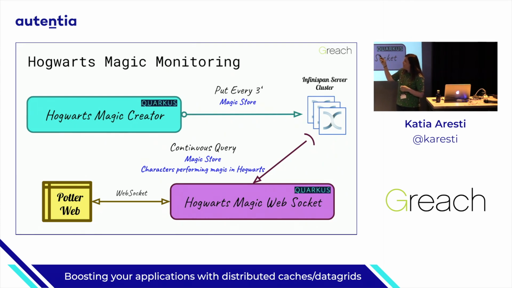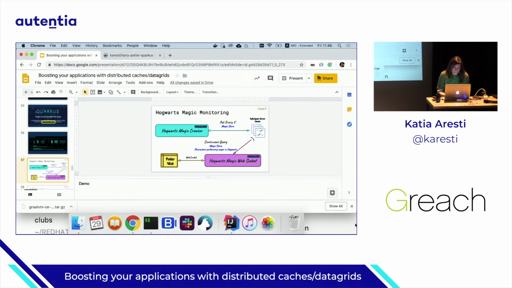I want to see who is doing magic continuously. But I just want to know those characters that are potentially at Hogwarts. So it's teachers and students, but not the editors, for example. So I'm just going to monitor that, and I'm going to open a WebSocket in a browser, and check that. So I'm coming to my second screen here.